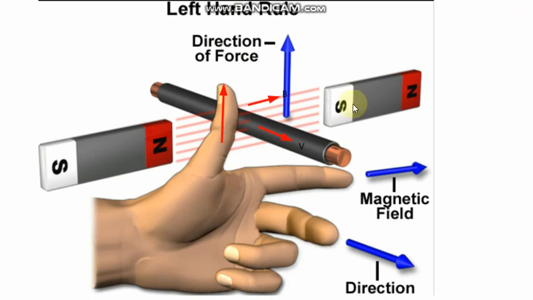Let me repeat it once more. First finger is stretched in the direction of the magnetic field B. The middle finger is stretched in the direction of the velocity v of the charges. Then this stretched thumb will point in the direction of the magnetic force acting on this charged particle.